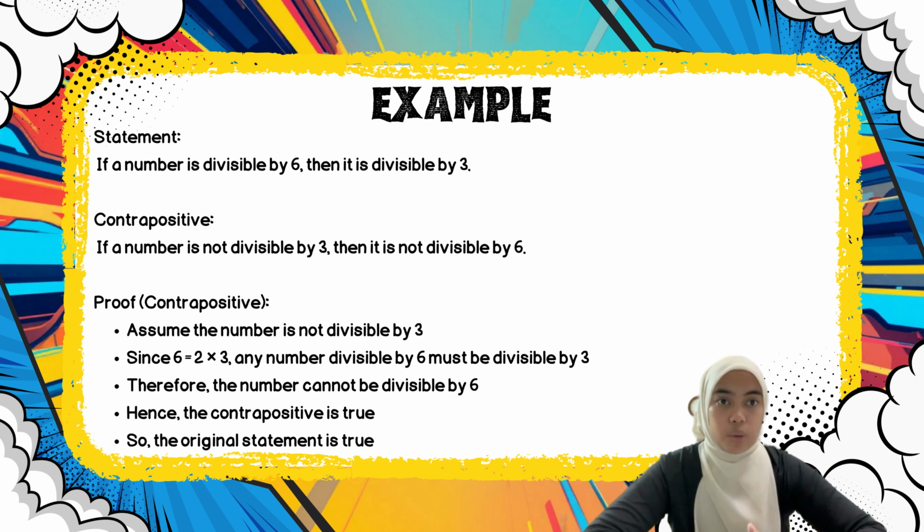First we analyze the hypothesis, which is a number is divisible by 6, and the conclusion, which is it is divisible by 3. We negate: if a number is not divisible by 6, then it is not divisible by 3. Now we reverse it: if a number is not divisible by 3, then it is not divisible by 6.